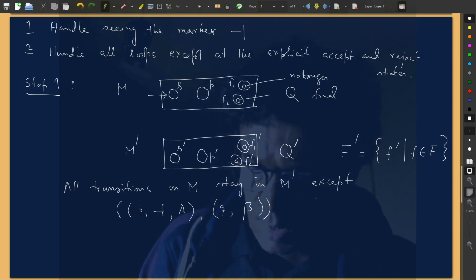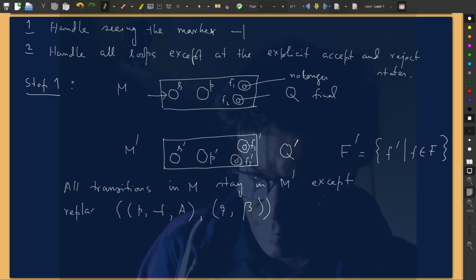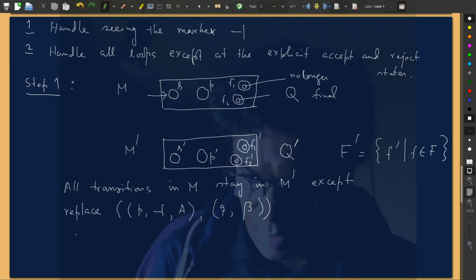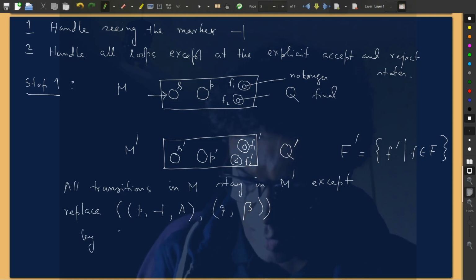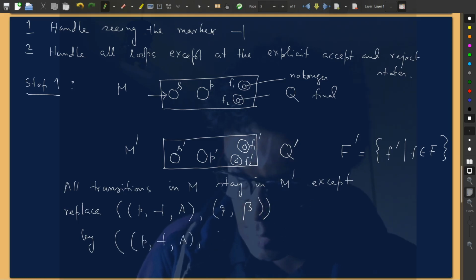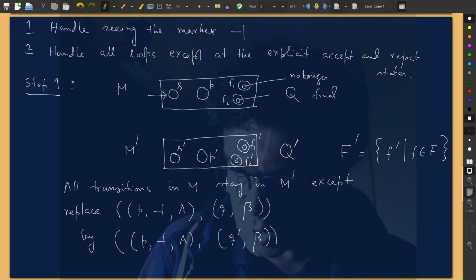Now, replace every such transition by the same thing, except that the final state will be not Q, but Q prime.